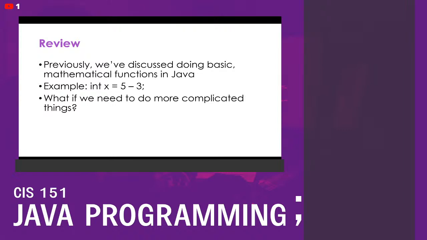Like here we have a basic variable declaration, and we've assigned it 5 minus 3. So we're declaring an integer variable x equals 5 minus 3. Our Java program knows how to interpret that math, and it gives us a value of 2 that we're putting in this variable container.